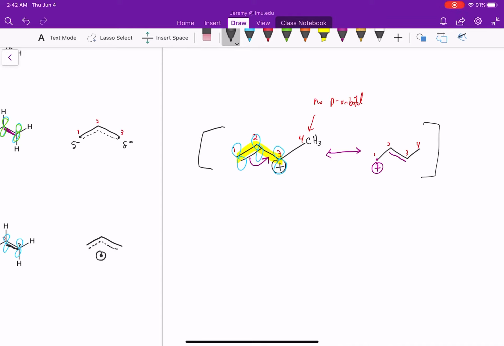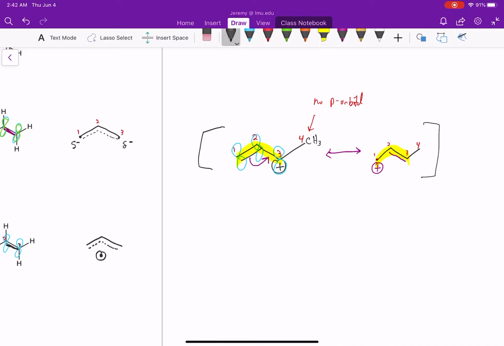So yes, the electron density is shared between carbons 1, 2, and 3. It's delocalized. But one of these resonance structures is going to contribute more to the overall structure, all right? And the question is, which one?